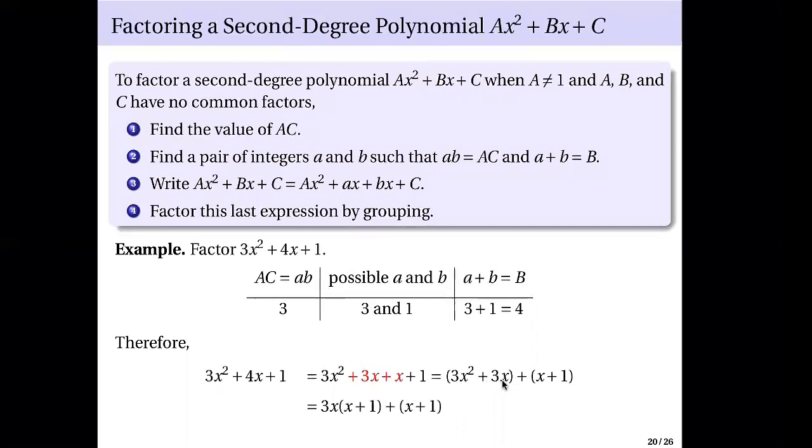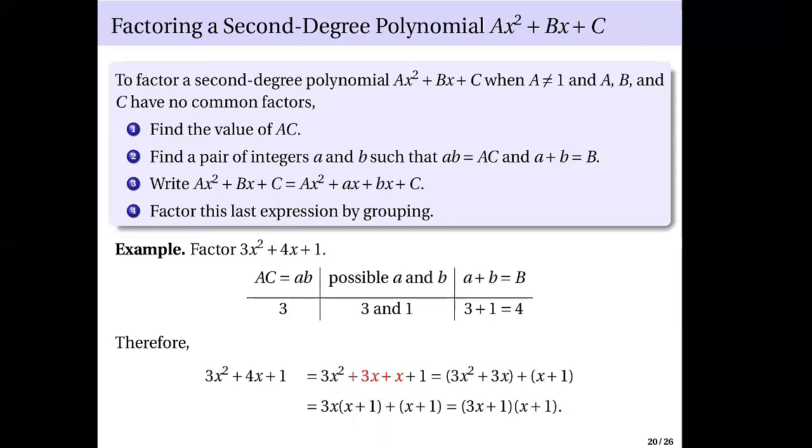So you will get 3x times x plus 1, because 3 and x are common factors, and what remains inside is x plus 1. And look at this, this is already x plus 1. So as a whole, x plus 1 is now a common factor, and therefore you can factor this into 3x plus 1 times x plus 1.